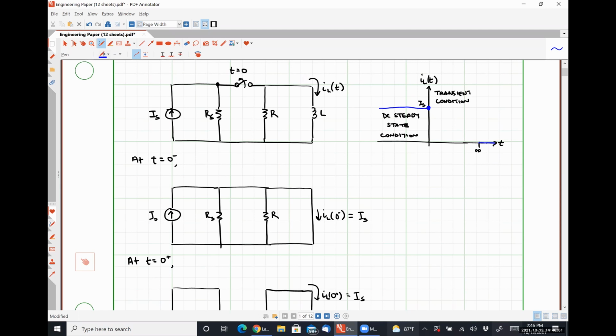Let me go back one step real quick. After t is equal to infinity, we have another DC steady state condition. So what we are trying to solve today is what happens in between those two DC steady state conditions. How does this circuit behave during the transient, right? And that, for better or worse, is going to involve some calculus.